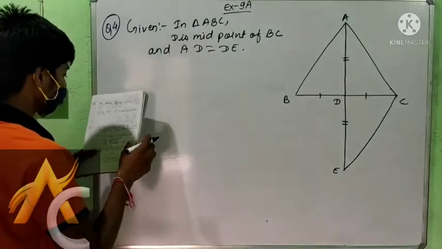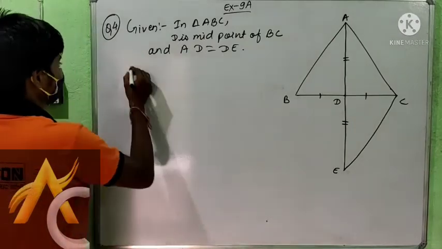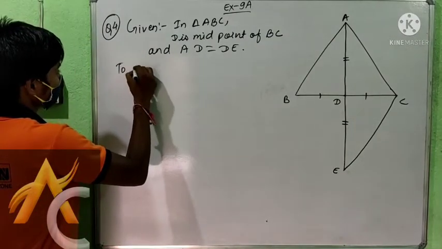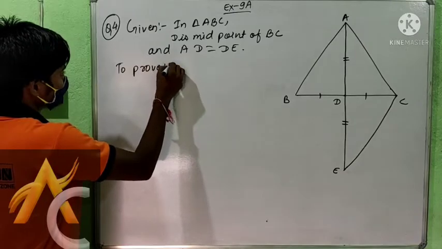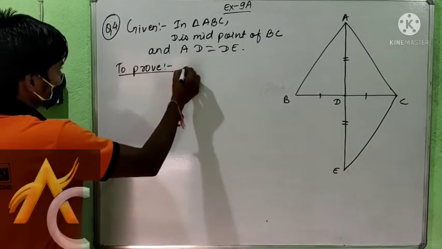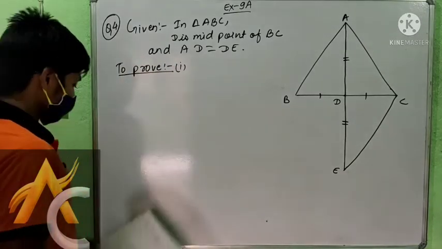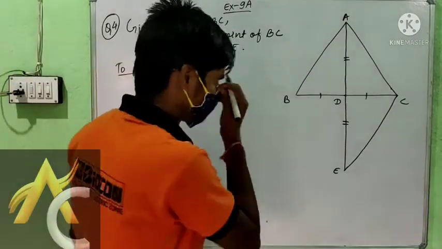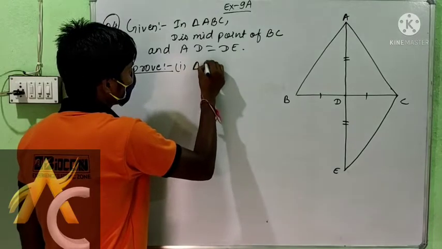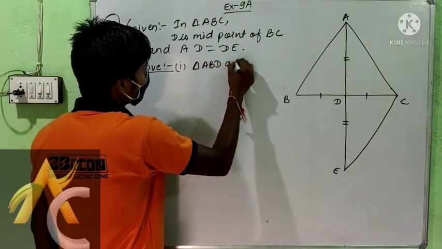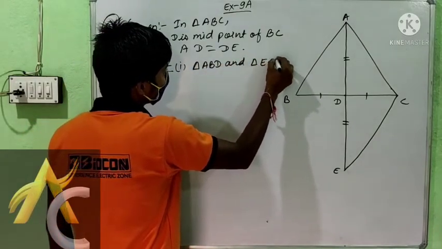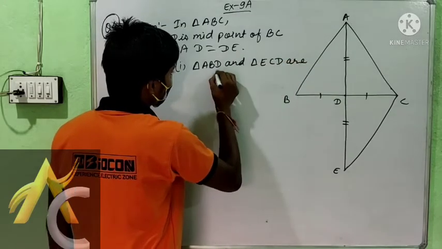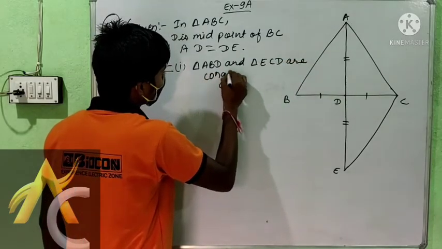Now we have to prove three statements. So we are going to write it here. Number one, we have to prove that triangle ABD and triangle ECD are congruent.